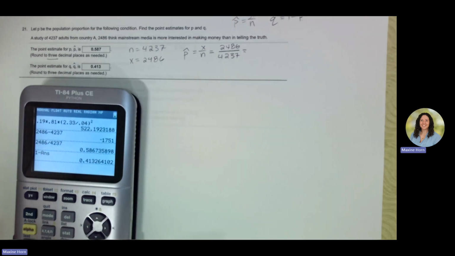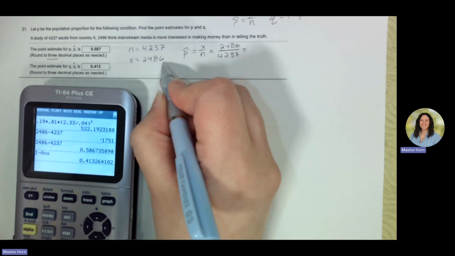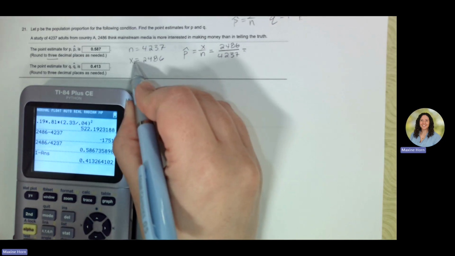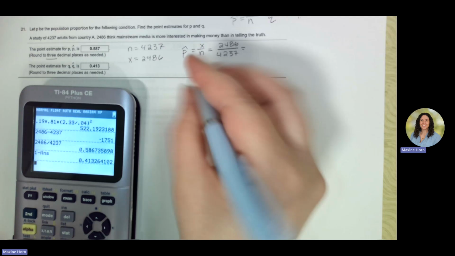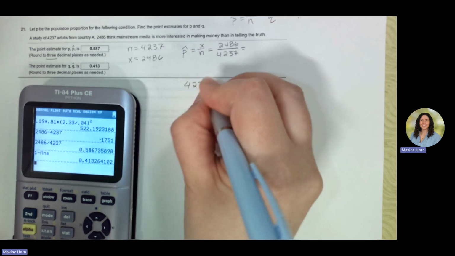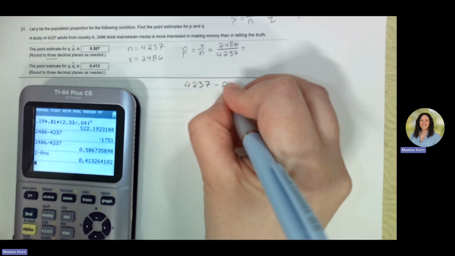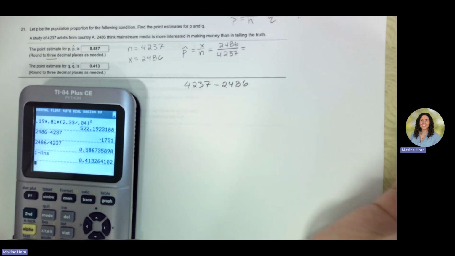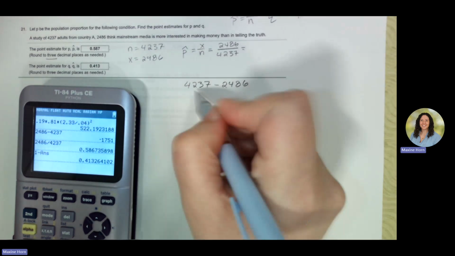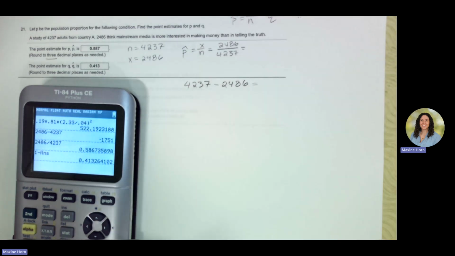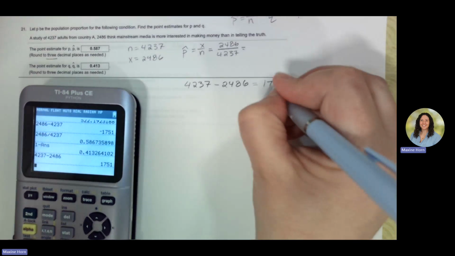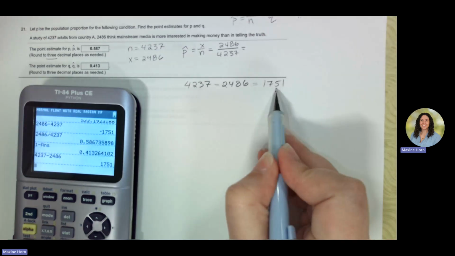Another way to do it, I mean, that's going to be the fastest way. But if you wanted to, you could say, all right, well, if there's 2486 that say that they do think that, how many don't think that? Well, if this is the whole sample size, they're either thinking it or they're not thinking it. So we can just subtract it to get the other one. So if I do 4237 minus 2486, this is how many people don't think that.